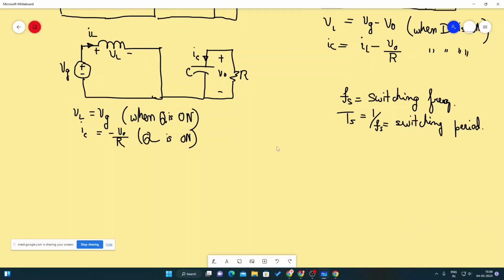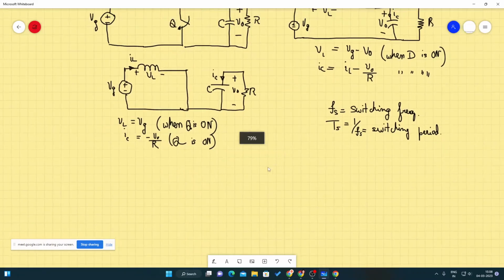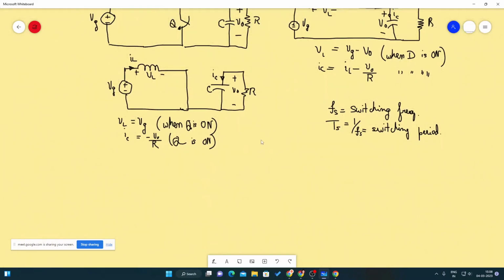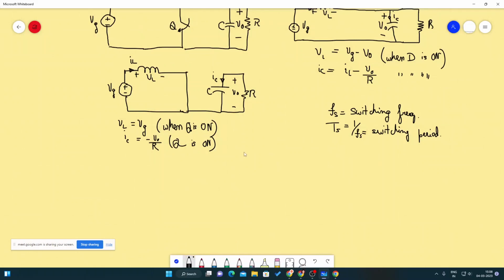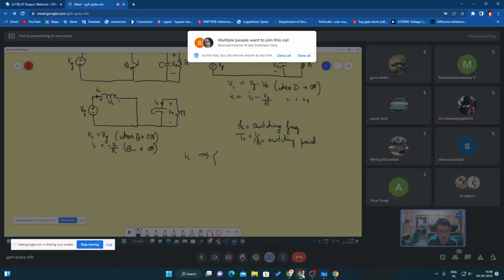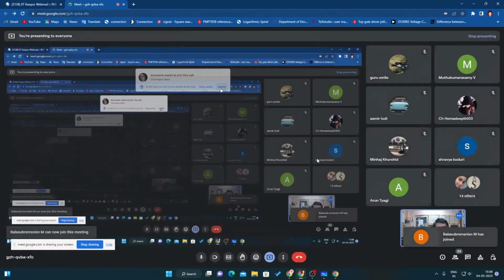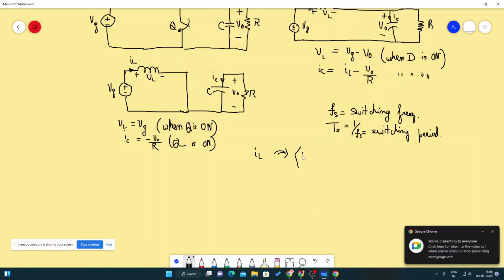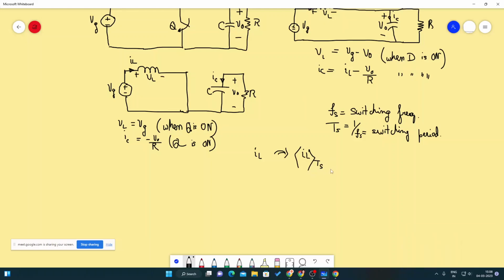By the way, if this is my expression for a normal variable, we will be representing its average equivalent inside the greater than and less than signs, and outside there will be a Ts.